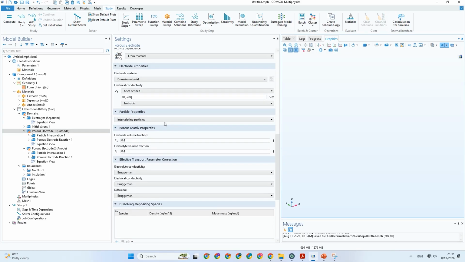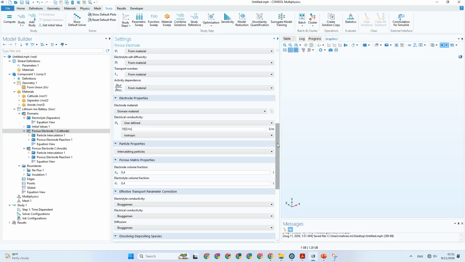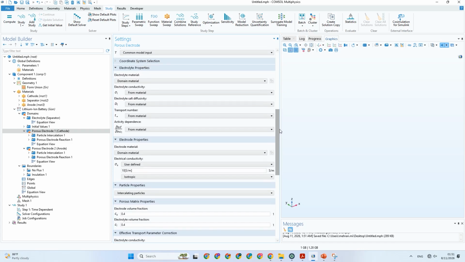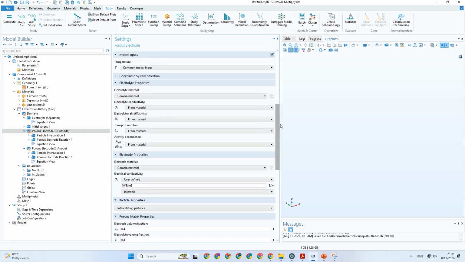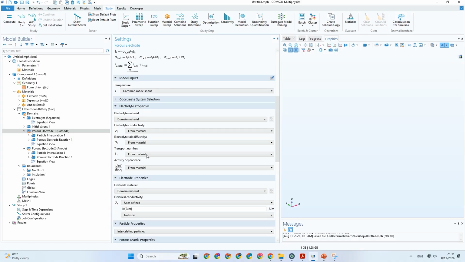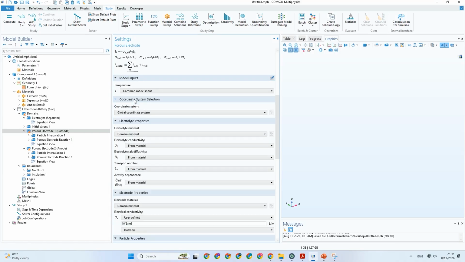And we have seen intercalating particle. It was on the paper: properties, electrolytic conductivity, diffusivity, transport number, activity.